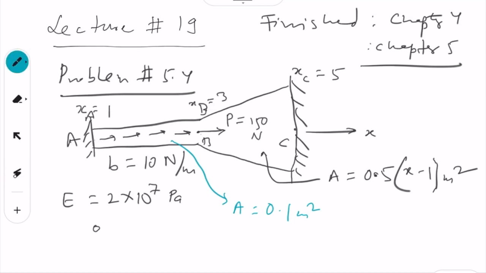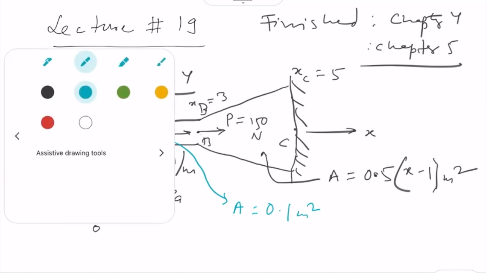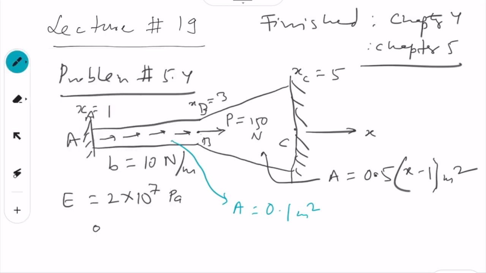It is also given how many nodes we have to make. You have to take 3 nodes in the first element. This is element number 1, this is element number 2.